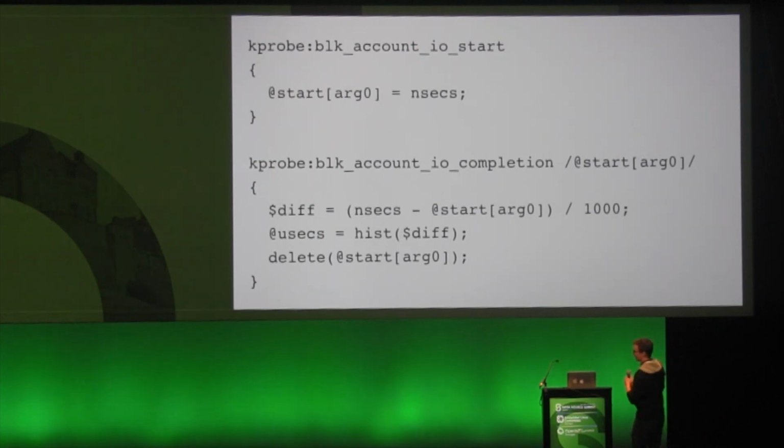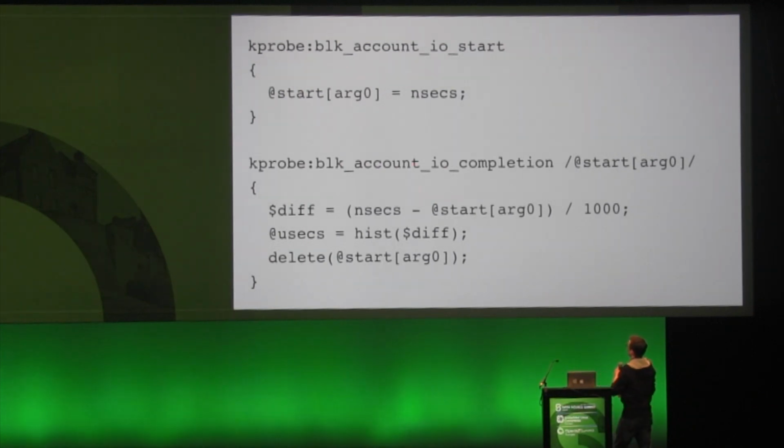For those who've used previous tracing tools, you'll know that a predicate is an expression, and if this expression evaluates to true, then the rest of our program will execute. If the predicate evaluates to false, then we'll just ignore this particular event at this time.